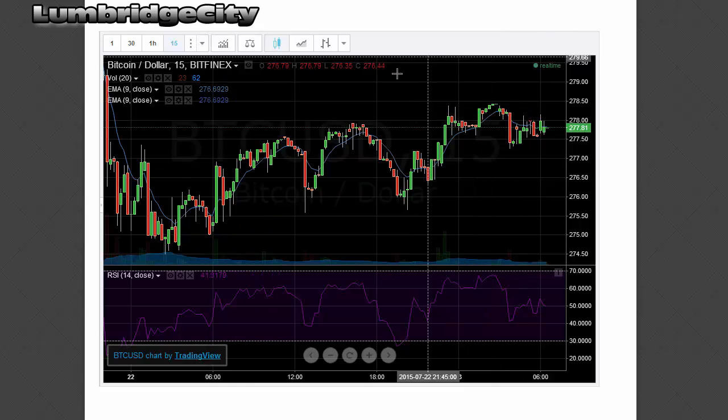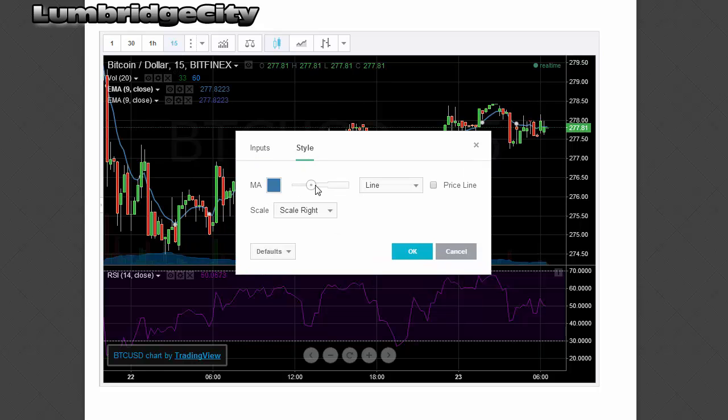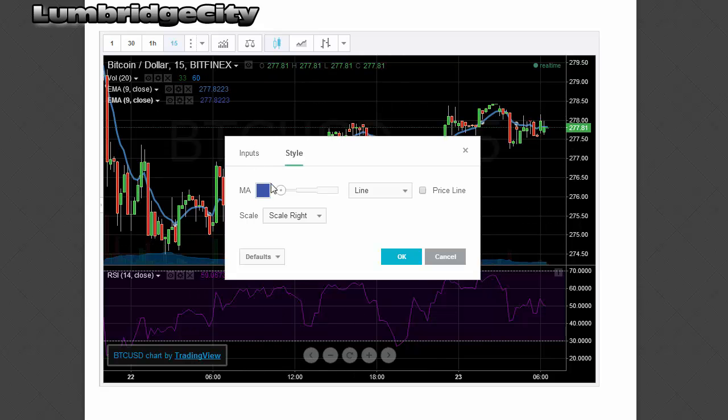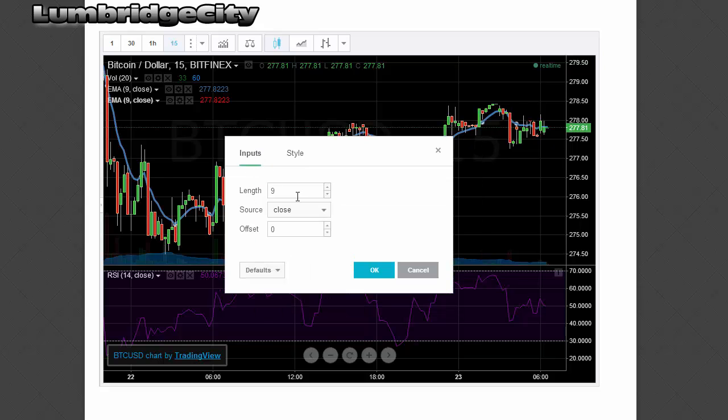And so it's pretty easy with these charts now to set up your different indicators. Let's go and make this a little thicker. And let's make this one a little thicker, red color, and a 20 period moving average.